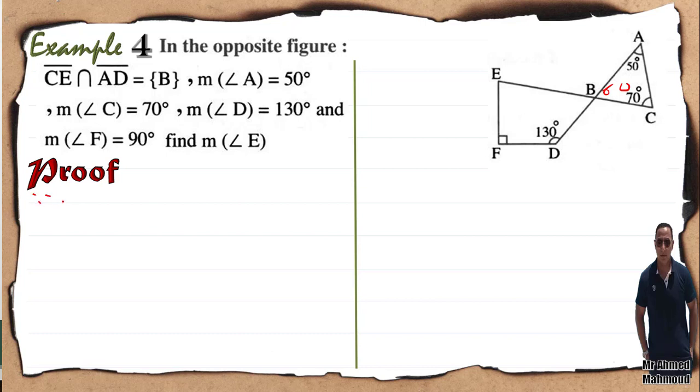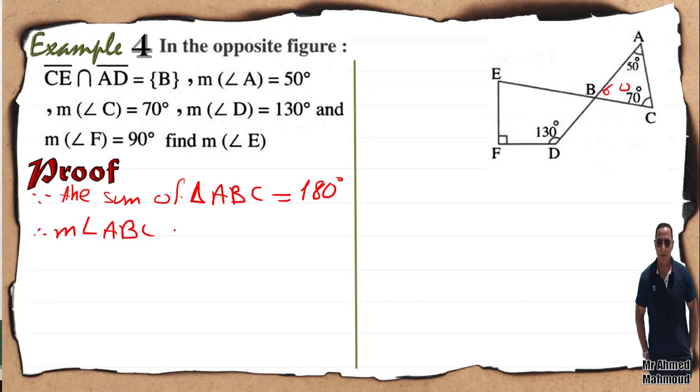Since this is a rule, the sum of triangle ABC equals 180, therefore measure of angle ABC equals measure of angle EBD equals 60 degrees, VOA.